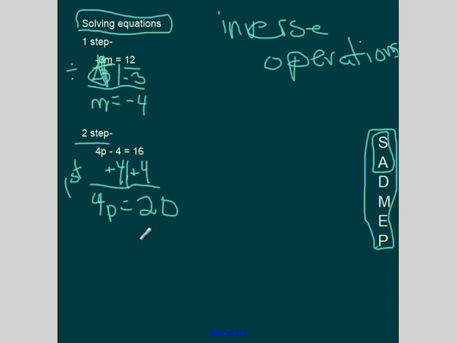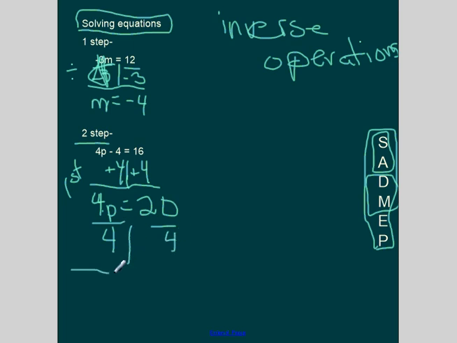Then I'm going to ask myself, okay, well, I still have something attached to my p, and I need to get rid of that. So I need to take the next step in SADMEP, which is undoing division and multiplication. When I undo this multiplication, because that's the hidden operation between 4 and p, I'm going to divide both sides by 4. Oh, I should have drawn my little balance.